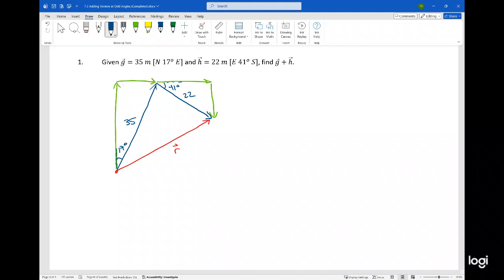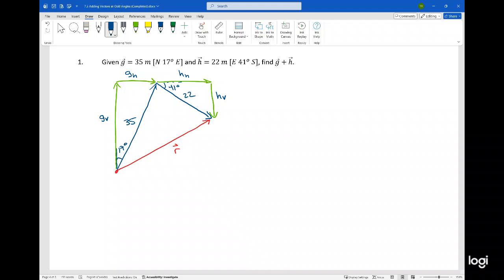Just to change it up a little bit from the last lesson, this first vector, the 35, was G. So I'm going to call this GV for G vertical and GH for G horizontal. And similarly, I'll call this one H horizontal and H vertical. But again, you could call them A, B, C, D, whatever you like. They're just placeholders to get us to the end.